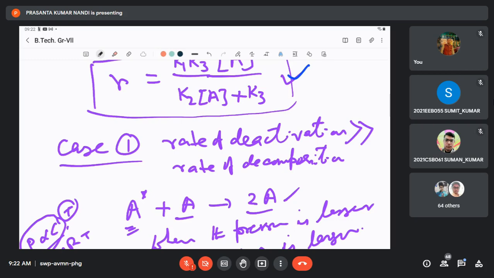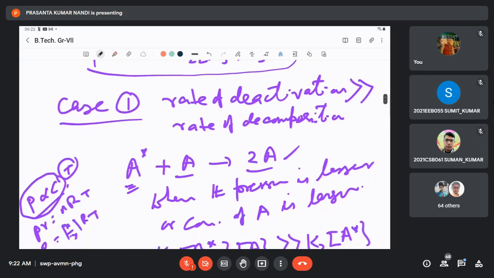So deactivation means A star plus A equals 2A. When the pressure is larger, because in the gas this reaction takes place in the gas phase, or the concentration of A is larger, then what happens?